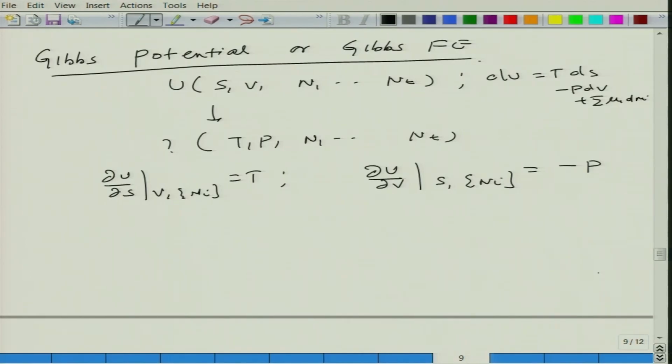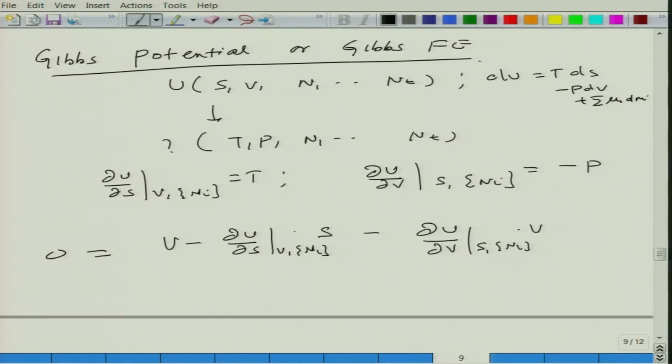Now, in order to obtain the Legendre transformation function, we are going to use U minus the first slope, del U by del S, multiplied by the variable which we would like to change, which is S, minus the second slope multiplied by the variable which is V. So, this is the Legendre transformation phi.